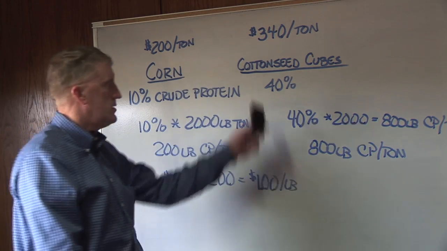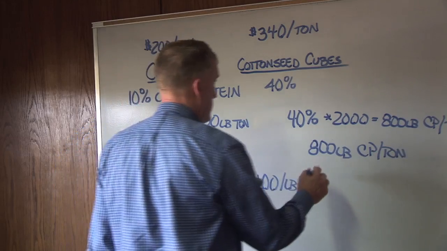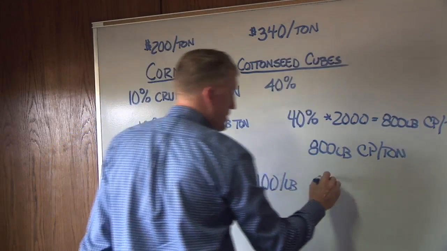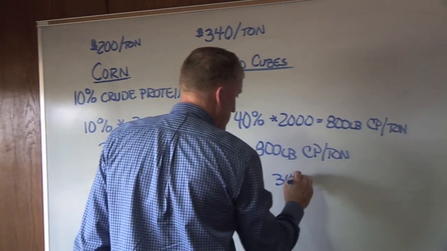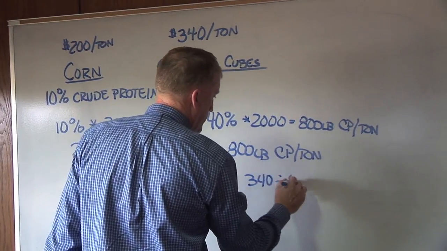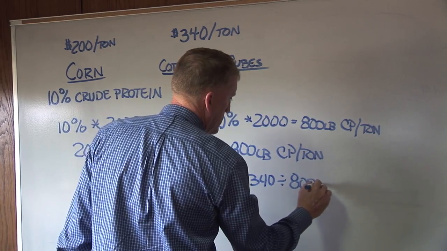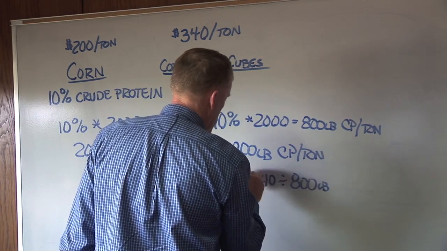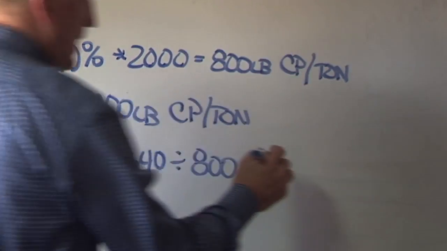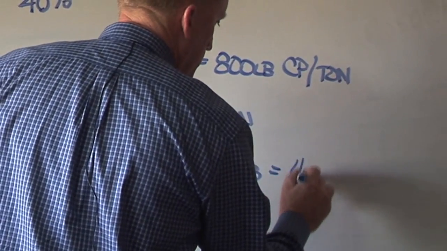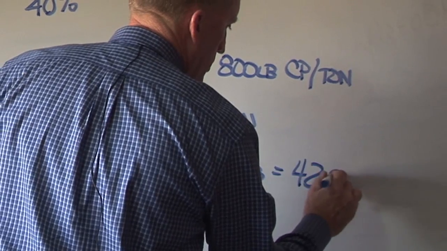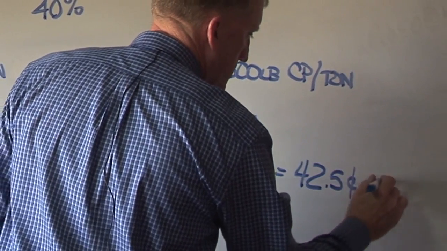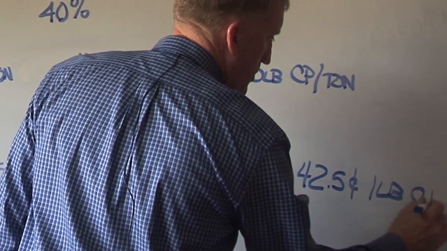Simple enough. Then we take the $340 per ton divided by the 800 pounds of protein, and that comes out to about 42.5 cents per pound of crude protein.